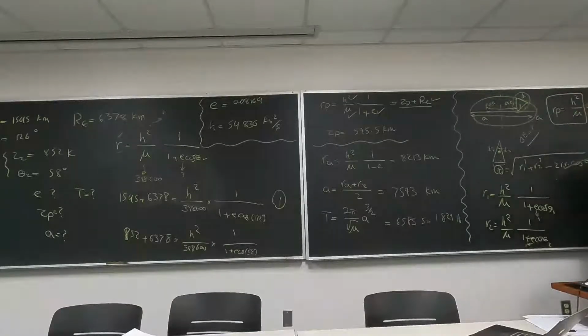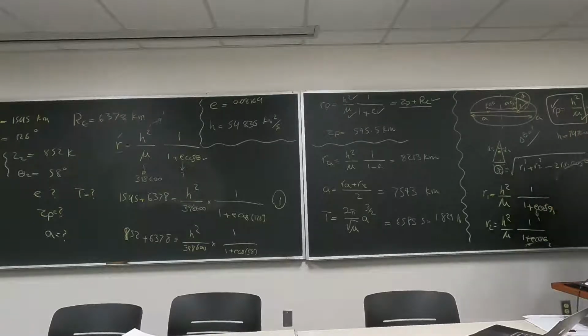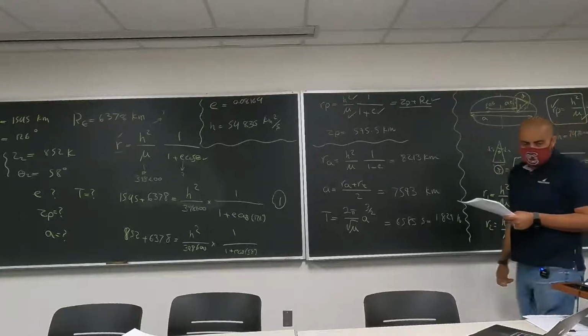You will have this relationship for a parabolic trajectory, right? We have mu, it's Earth. We have r of p. We can find the angular momentum, right? The angular momentum is going to be 74,700 square kilometers per second, which means that we can find theta.